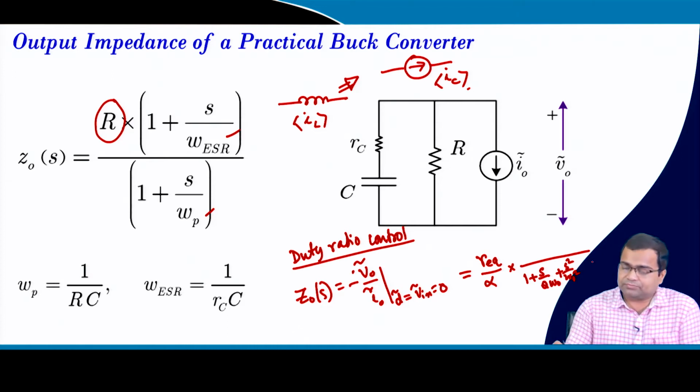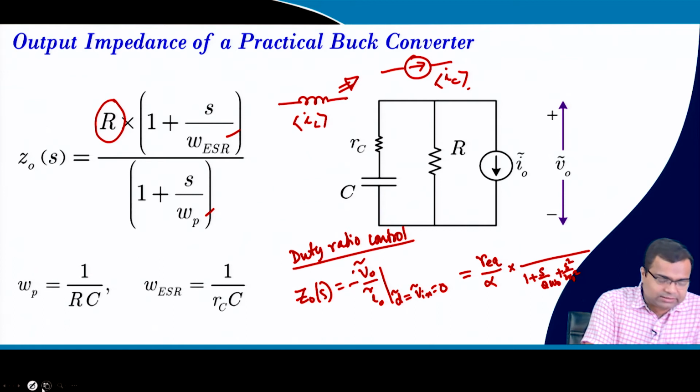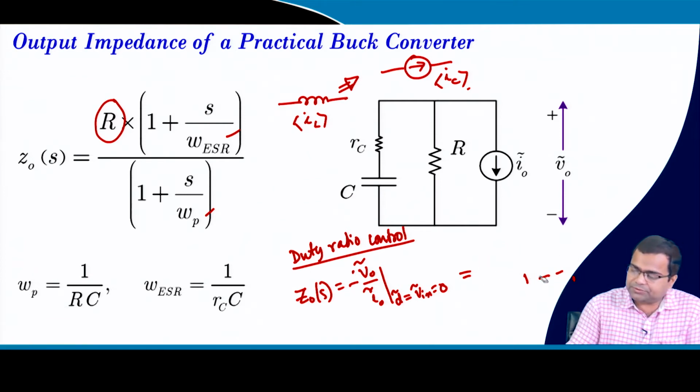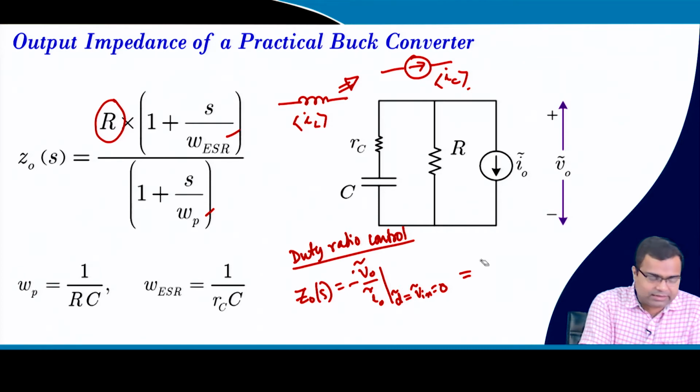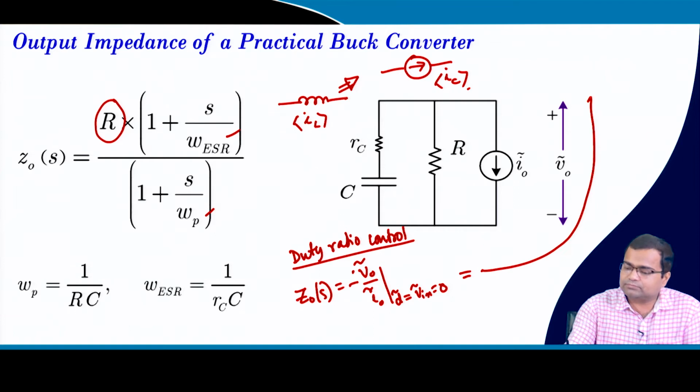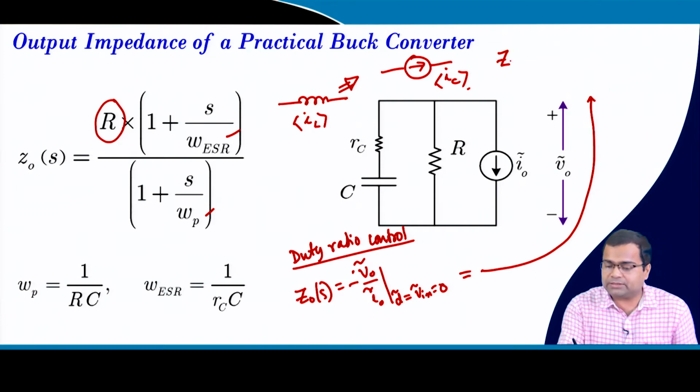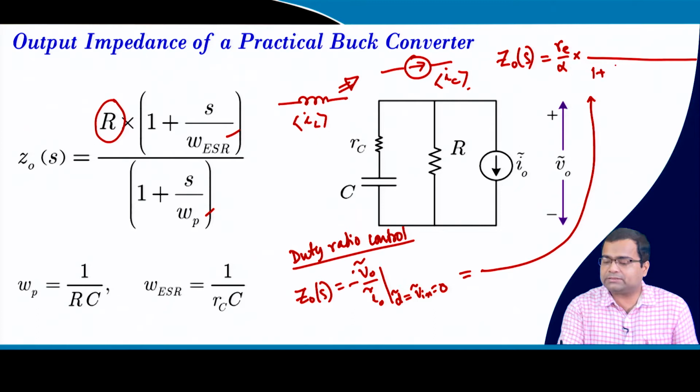Let me write it here, we need some space. So the output impedance we found was Re by alpha into 1 plus S by Q omega 0 plus S square by omega 0 square.